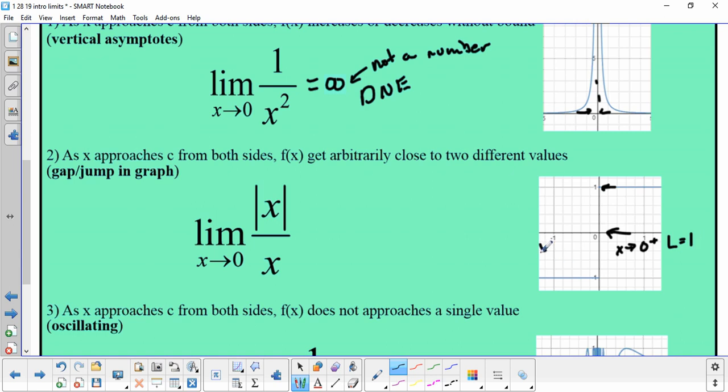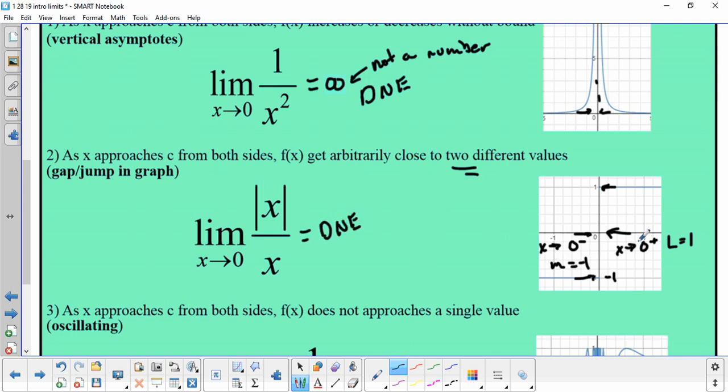However, as x approaches 0 from the left, my y values approach a different value. We would maybe call this m, because this value is actually -1. We're approaching 2 different values from the right and left side, so this limit does not exist.